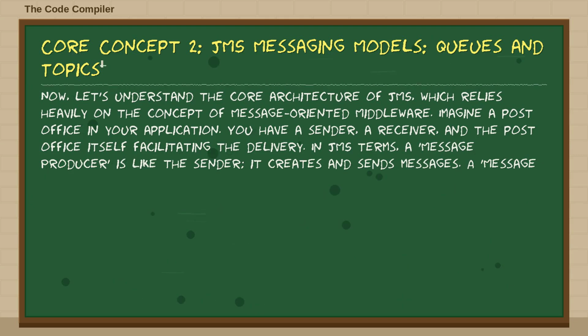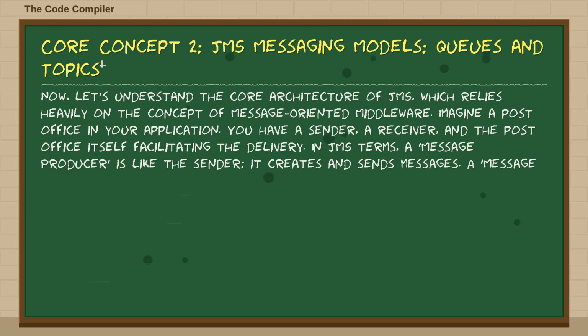It creates and sends messages. A message consumer is the receiver, interested in getting these messages. And the JMS provider, which is part of the message-oriented middleware, acts as that intelligent post office, handling the routing and delivery. Messages are sent to a destination, which is a virtual address managed by the JMS provider.